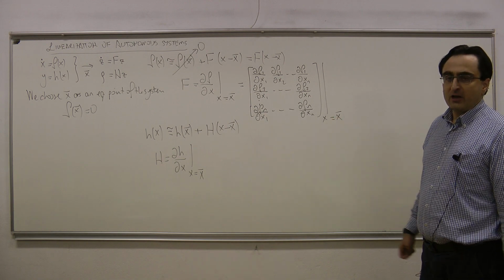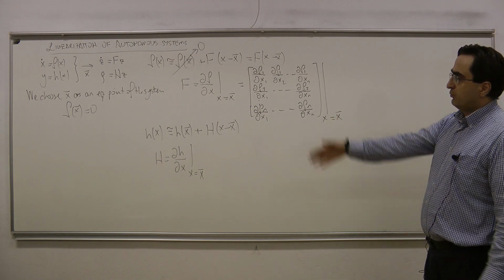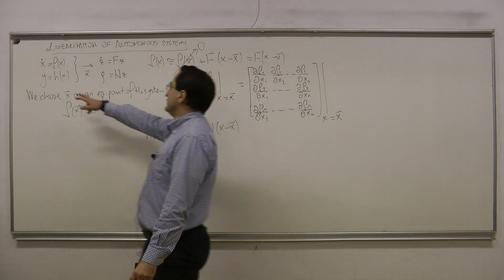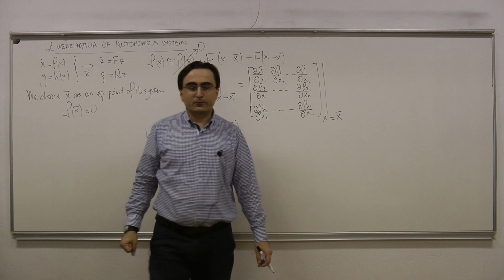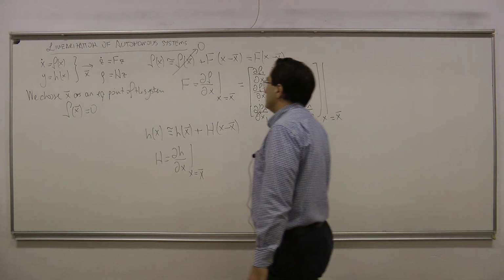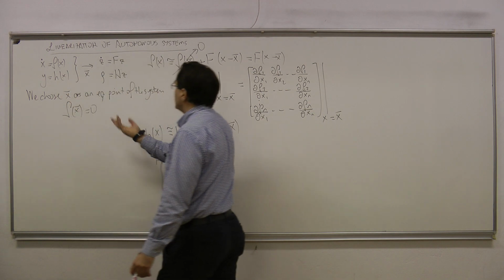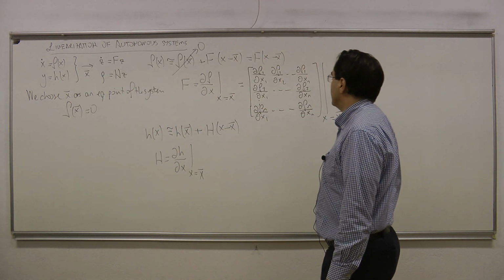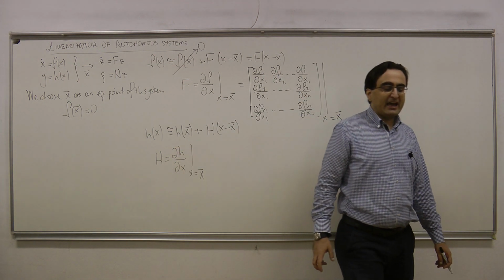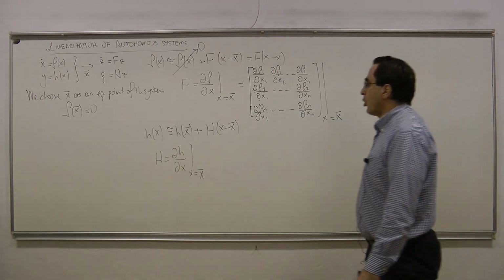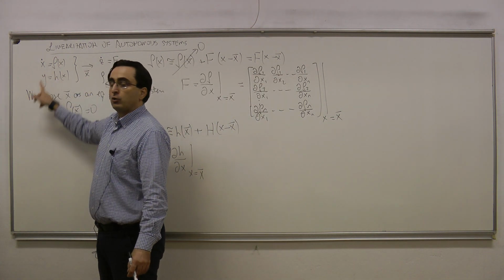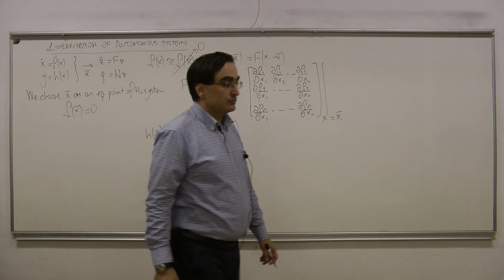So H has a number of components, which is the number of outputs of this system, and the number of components of x is n. So the number of columns of this Jacobian matrix would be n, and the number of rows of this matrix would be the number of outputs inside y.